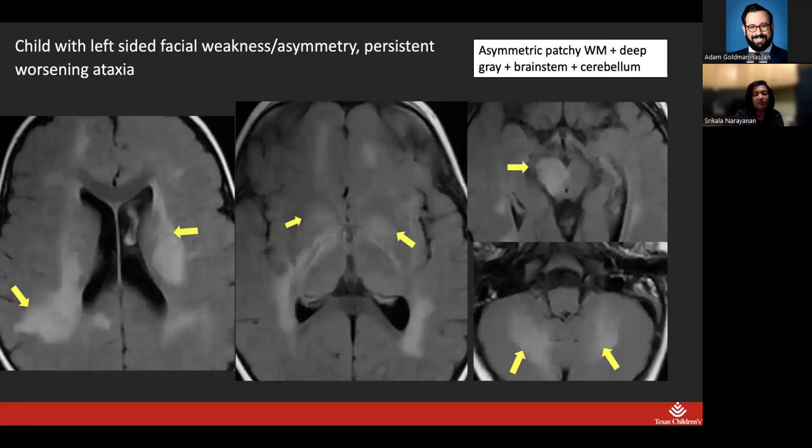Here's a kid presenting with facial weakness and asymmetry and worsening ataxia, where you have this asymmetric patchy white matter involvement. They're pretty large, fluffy, not very well demarcated. There's involvement of the deep gray, the brainstem, and the cerebellar hemispheres.